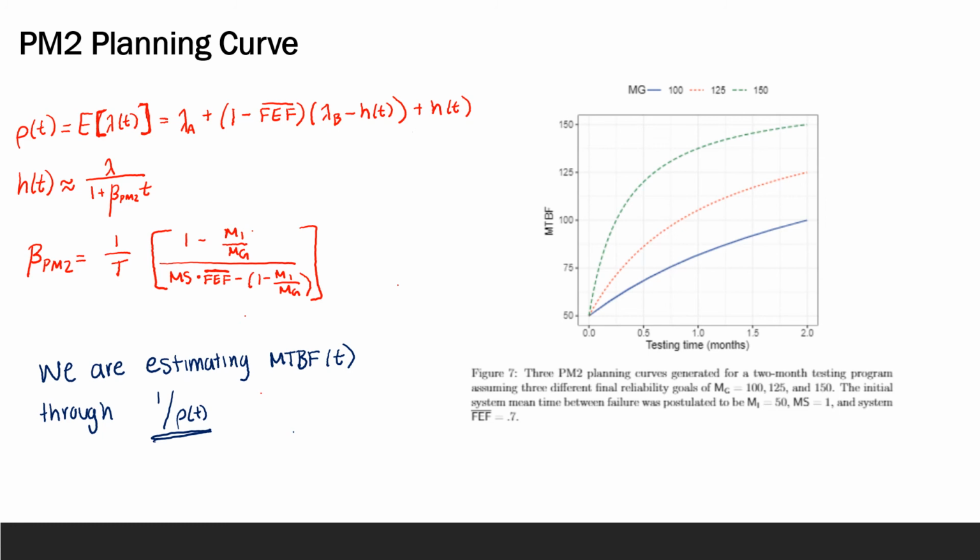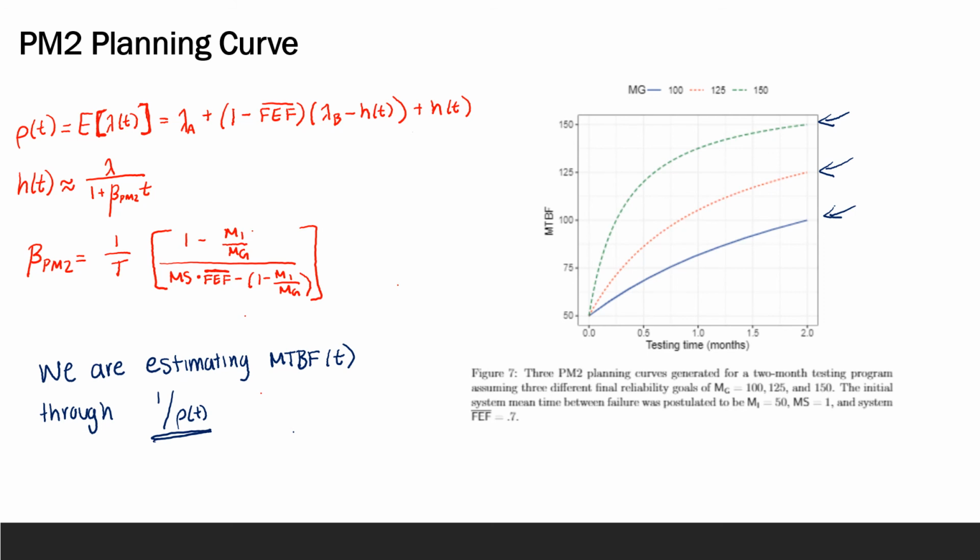So notice that we can expect MTBF to increase very rapidly early on in the testing period if we set our goal MTBF to be 150, which is this green dashed line. Now, if we look at the red dashed, this is related to the goal MTBF of 125, and this blue is for 100.